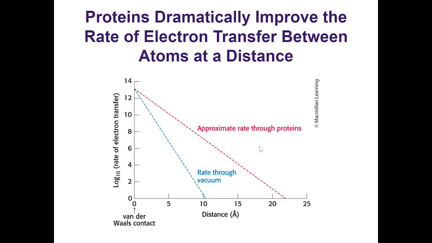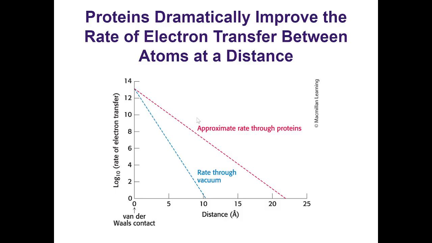And you should really pay attention to what they're telling you, because likely they're doing that to hide something. Just saying. More often than not, it's used to sell you something you don't want. Okay, and so the rate through the vacuum would actually be right here, and this would be nothing interfering with that electron transfer, either positively or negatively. Okay, this one right here is the rate through the proteins. And because we have specific evolution paths that have been developed to aid this process, what you'll see here is that the distance that you can cover at the same sort of rate actually greatly improves, doesn't it?